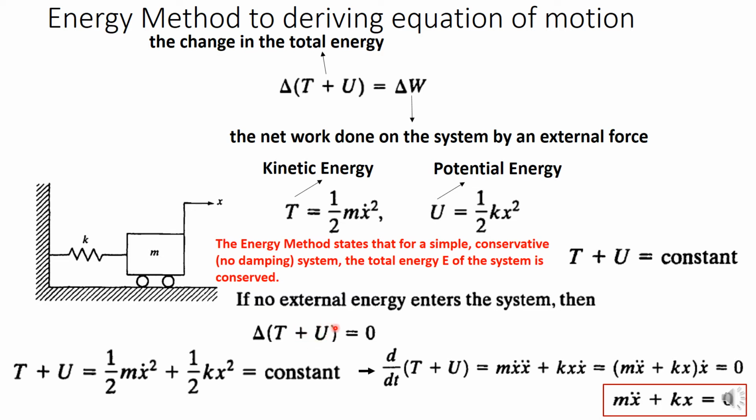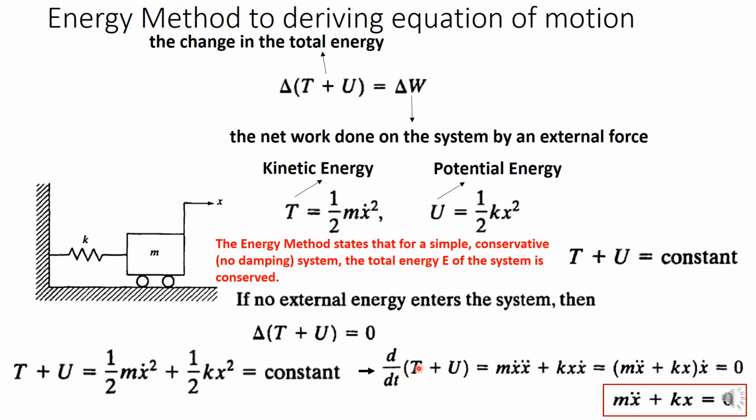Then it means the change of the kinetic energy plus the potential energy should be equal to 0. So it also means the kinetic energy plus the potential energy should be constant. So according to this rule, our kinetic energy plus the potential energy should be equal to constant.